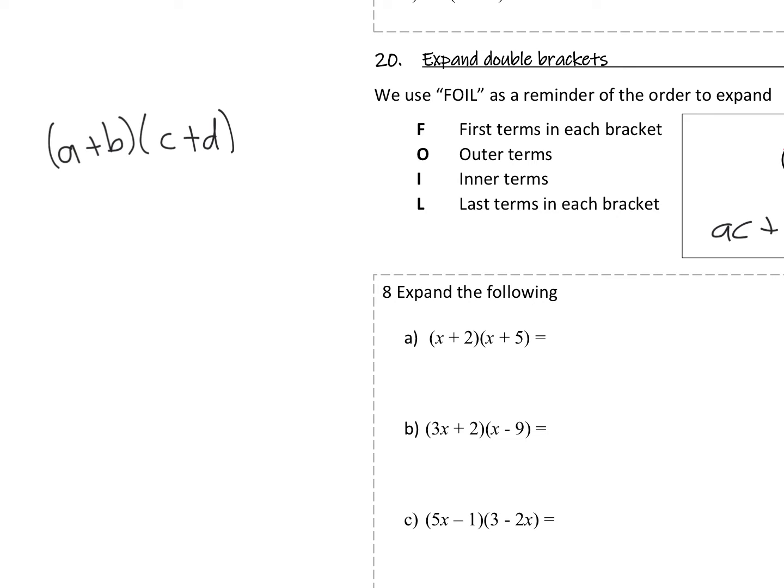You could multiply together the first two terms in the brackets, which will be your AC, and then you could do the outer two terms, which will be AD, then the inner two terms, which will be BC, and finally the last two terms in the bracket, which is BD.